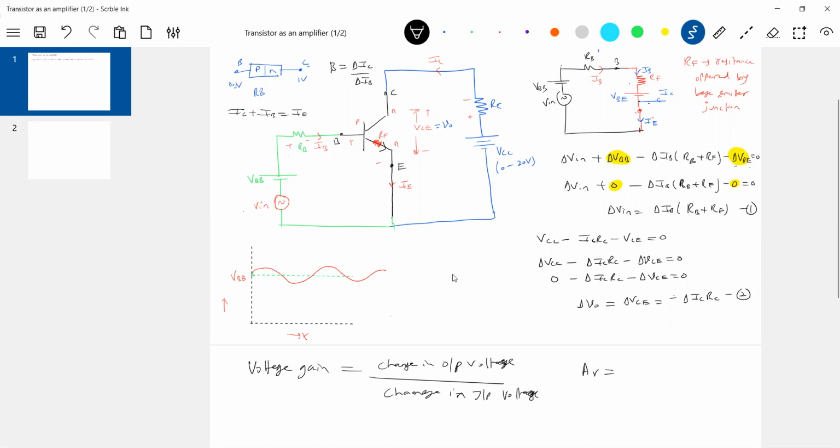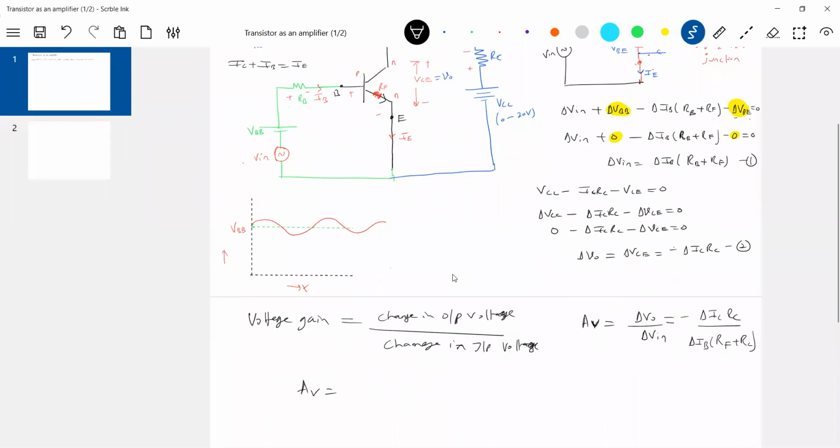So AV, the voltage gain, is delta V naught by delta V in, which is minus delta ICRC over delta IB times (RB plus RF). What is delta IC by delta IB? It should be beta.